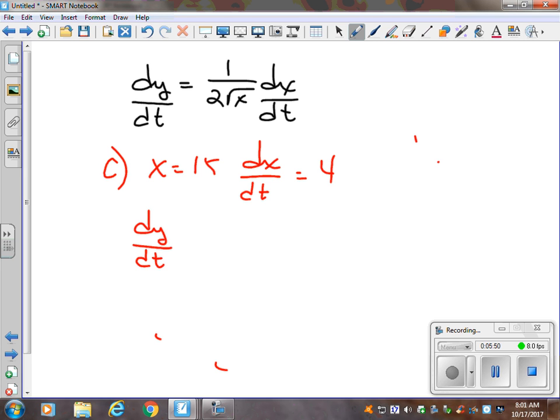When they give you everything about x, it's usually evaluate your problem because all your x's are on the same side in this equation, but that is not always true. That's because this problem really is explicit. So 1 over 2 square roots of 15 times 4 for dx over dt. So we're evaluating this problem. So how do I do that?